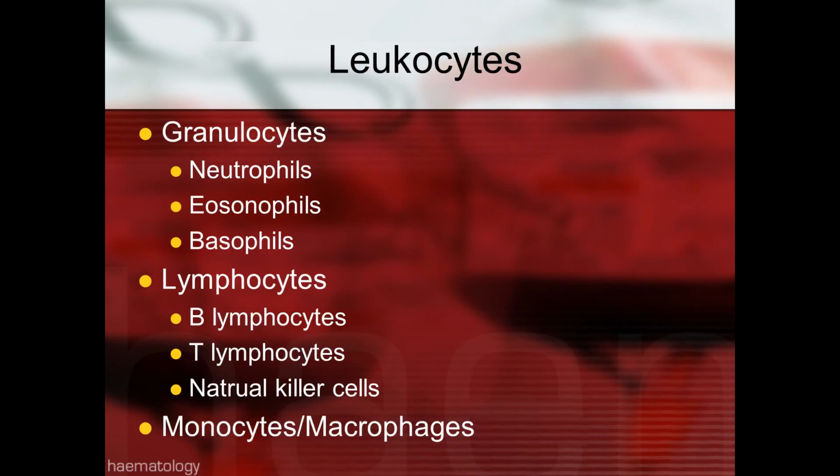Your T lymphocytes differentiate in the thymus, and they activate other immune helper T cells, and then your natural killer cells participate in innate or natural immunity, and their function is to destroy foreign cells. Most of the disorders that we're going to talk about in this lesson are dealing with the B lymphocytes or B cells.